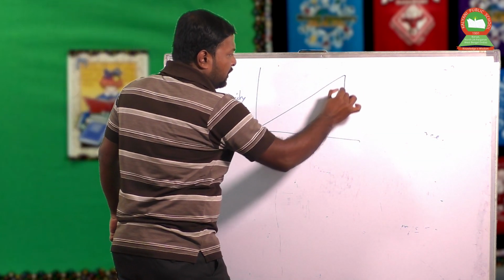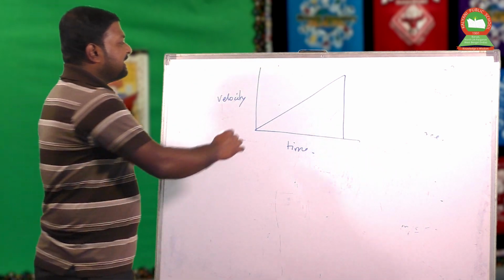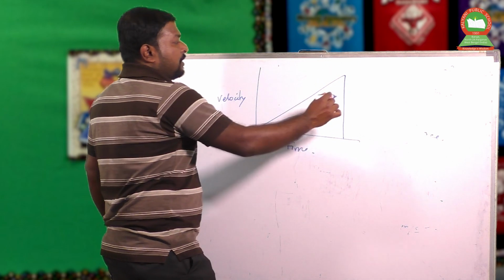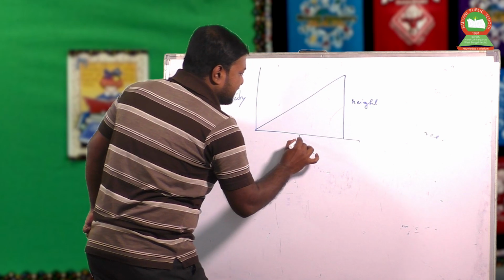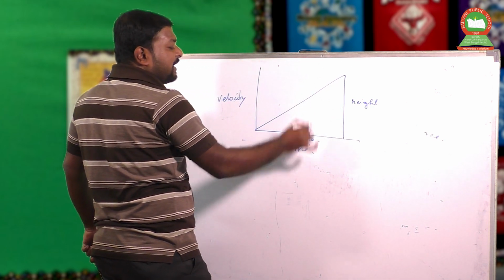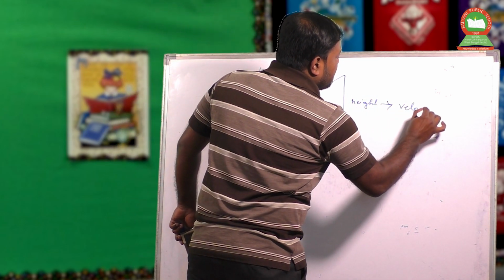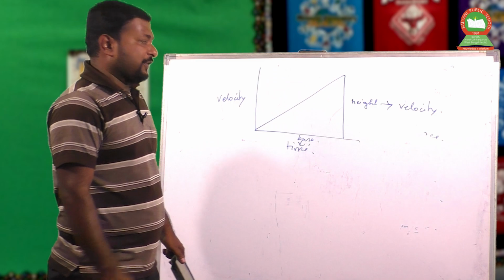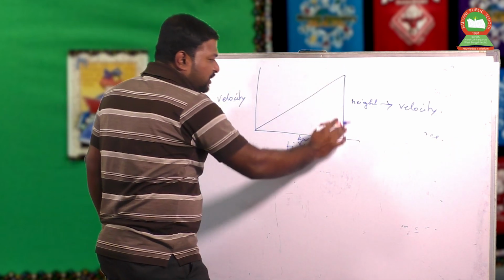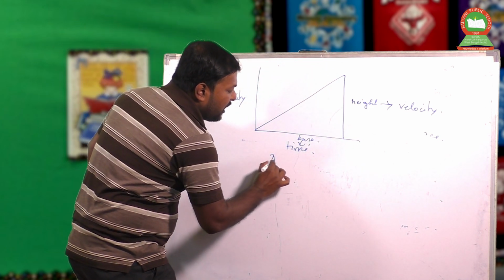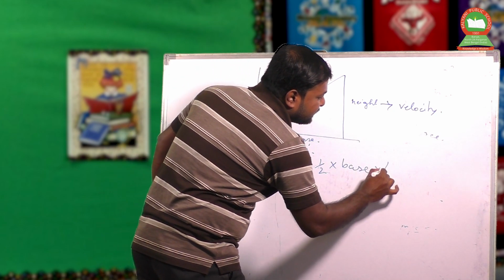Now if we draw a perpendicular at that particular point, then this is a triangle whose height is this and whose base is this. Now base gives the information of time, height informs us about velocity. Now the area of that triangle is half into base into height.